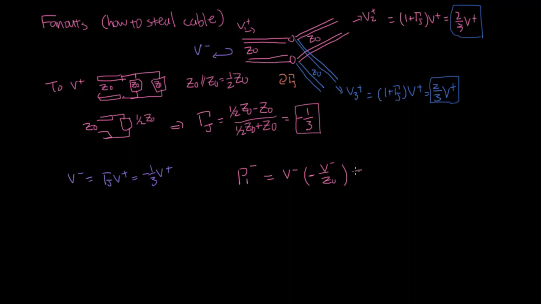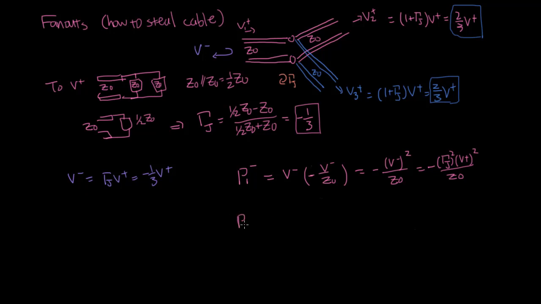Someday I'm going to stop talking about this minus sign once we've had an exam and you've shown me that you won't make that mistake. And so this will simplify into V minus squared over Z naught, which is going to be equal to minus gamma J squared V plus squared over Z naught.